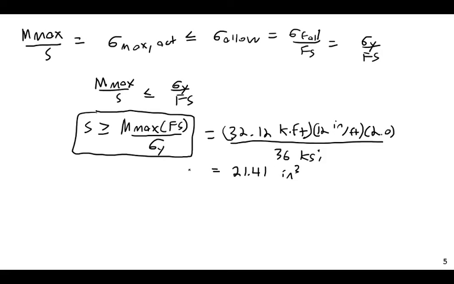In other words, S must be greater than or equal to 21.41 inches to the third. So we need an S that will have at least 21.41 inches to the third. And so we just need to go to our table now. Got that? Okay.